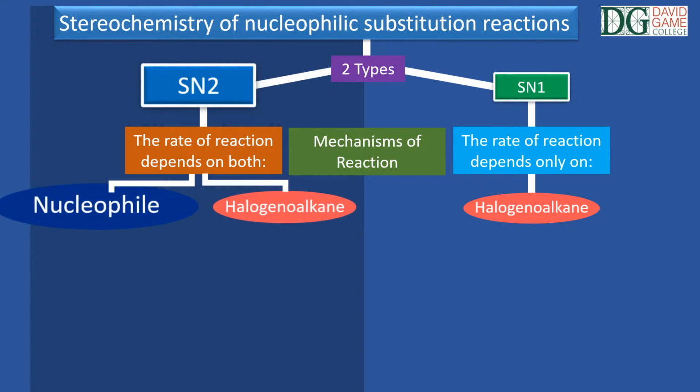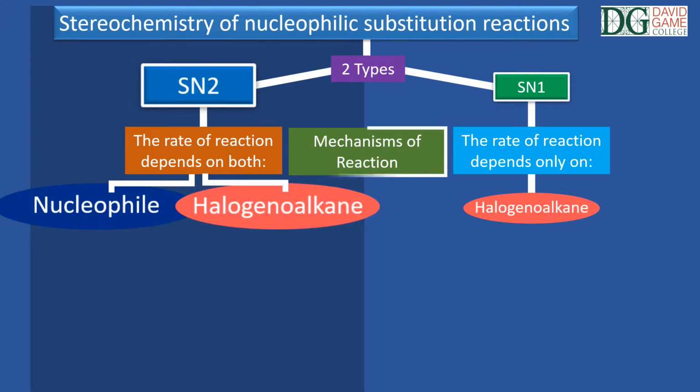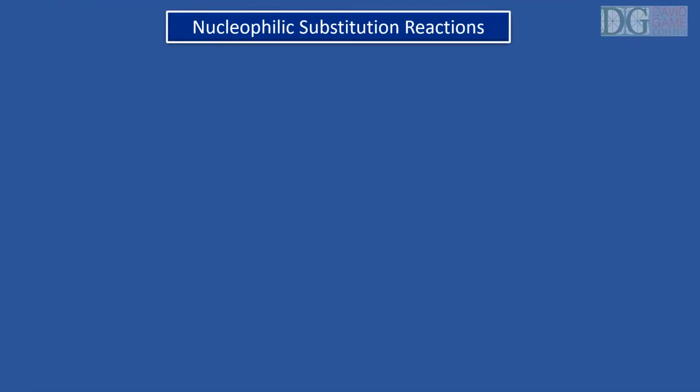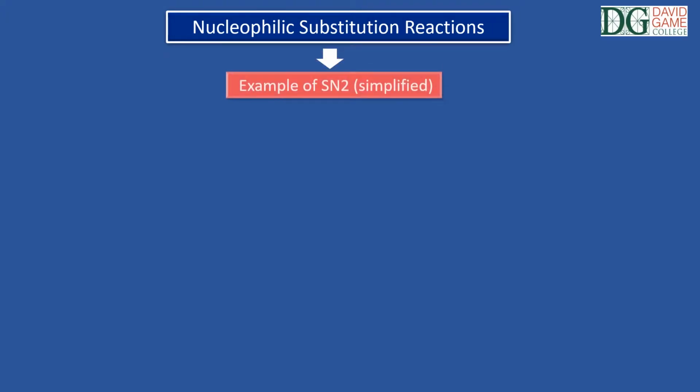We will see the different aspects of the chemical reactions with a progression from simple to more complex, because this helps learning. This is a simplified version of the SN2 chemical reaction, and I am using the analogy of the jigsaw puzzle.